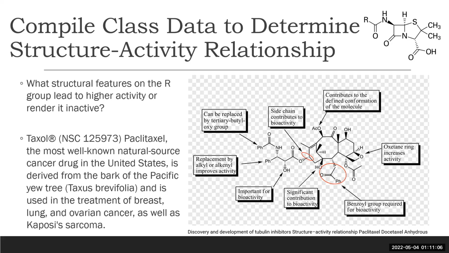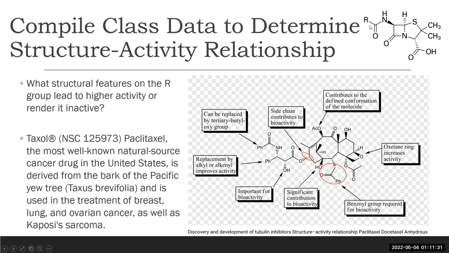If we want to know which parts of the structure are critical for activity, we need to do this type of structure-activity relationship testing, where we vary different parts of the chemical structure and test those compounds to see what their biological activity is.